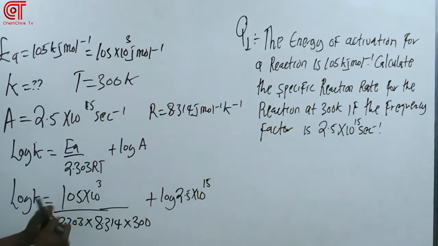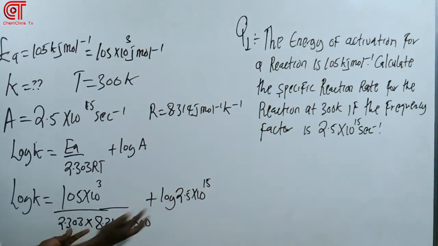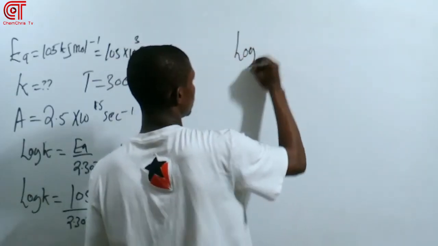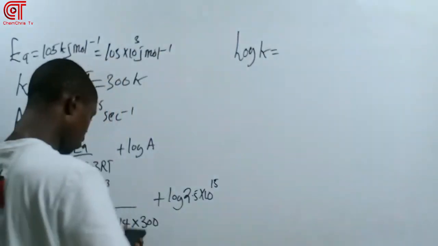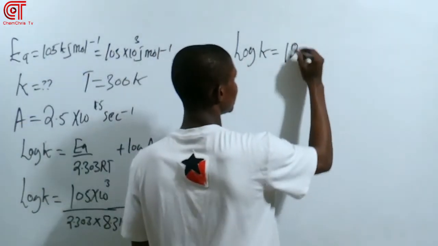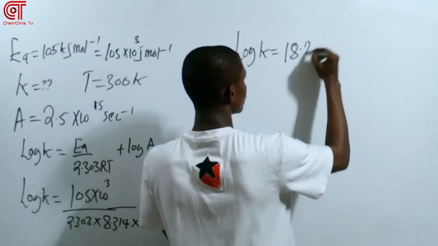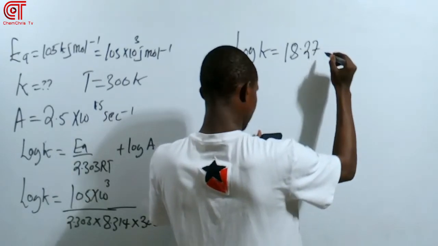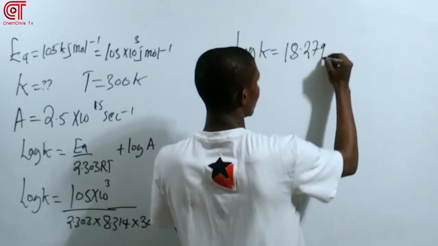So grab your calculator and evaluate this one. Log K equals, the first term is going to give me 18.2795.